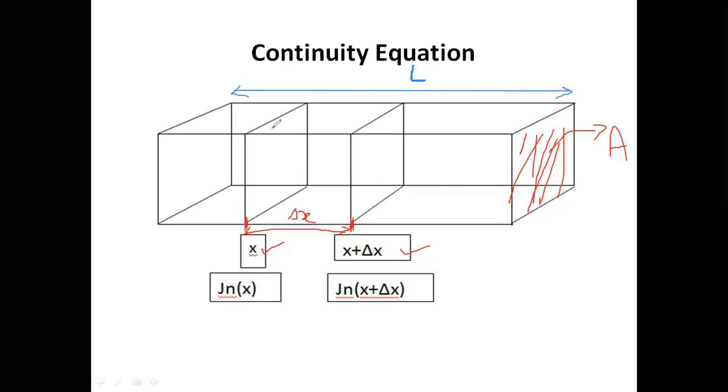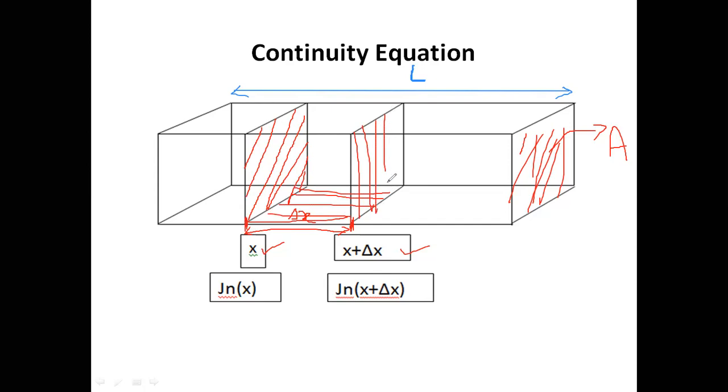So let us show the small box here. This is my box, the cubical portion, an infinitesimally small box.